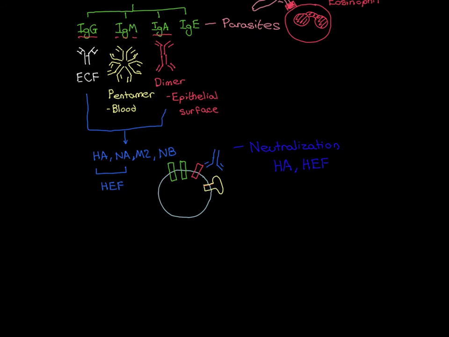Therefore, we will end up producing IgG molecules and IgA molecules and also IgM molecules that are directed against epitopes of hemagglutinin or hemagglutinin esterase fusion. When the virus is extracellular, these will be able to bind to the hemagglutinin or hemagglutinin esterase fusion on the surface of the virus, and that will neutralize the virus.